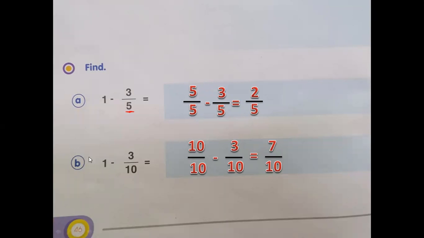If we are going to change number 1, we said that we are going to look at the denominator here. It is 10. So here we are going to write 10 over 10 minus 3 over 10. 10 minus 3 equals 7, and the same denominator here. Okay, so we're done. Thank you.